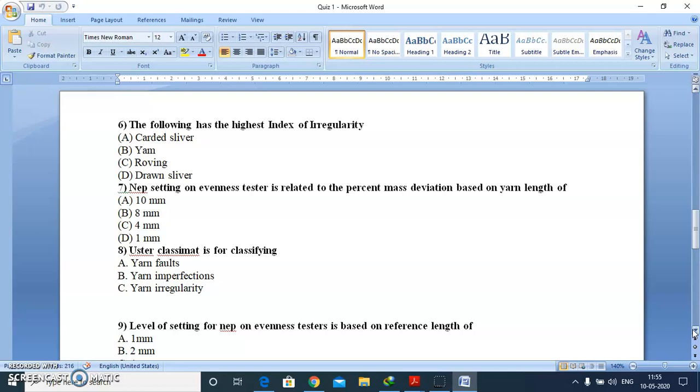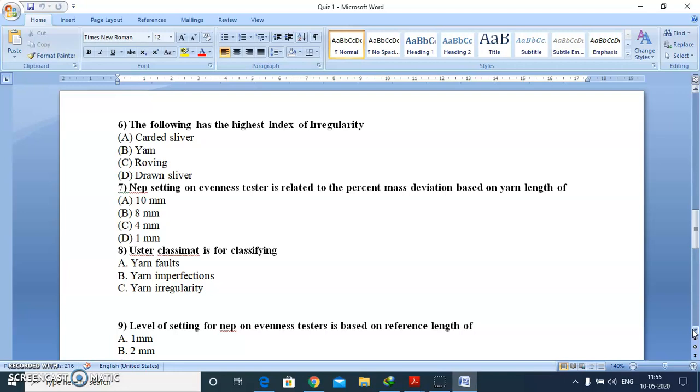It is actual CV upon limit CV, which is always greater than 1. I is always greater than 1. And we all know that index of irregularity decreases from carded sliver to yarn. So here they are asking highest index of irregularity. So we'll go for option A, that is carded sliver.